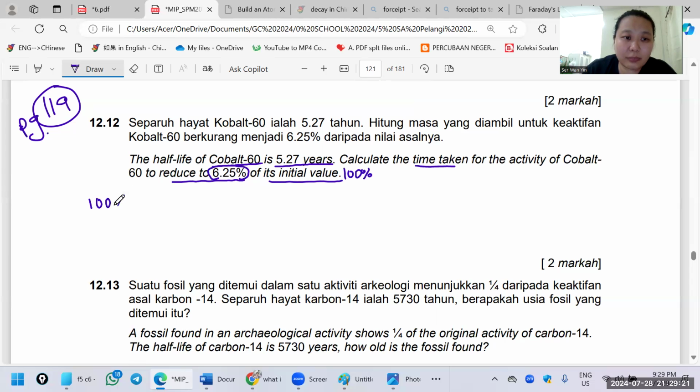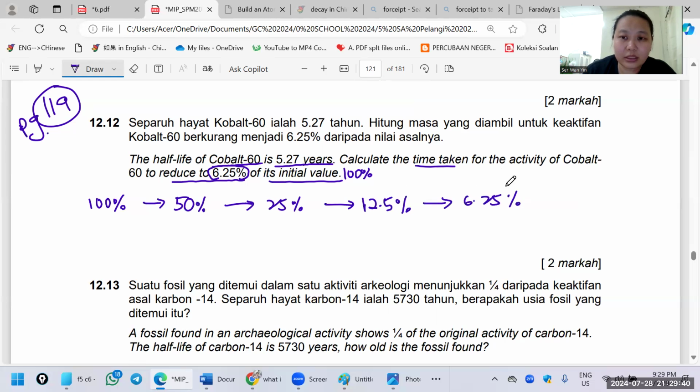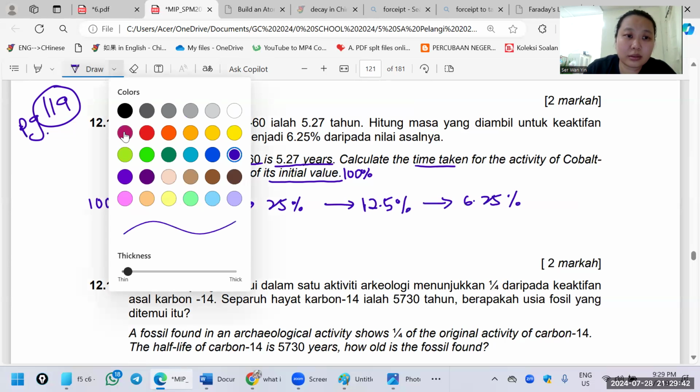So 100% becomes, you do until you get 6.25: half 50, half 25, half 12.5, half 6.25. Ta-da! So now what?